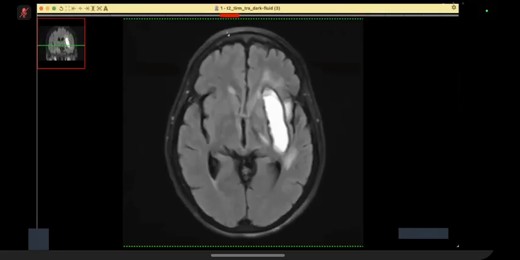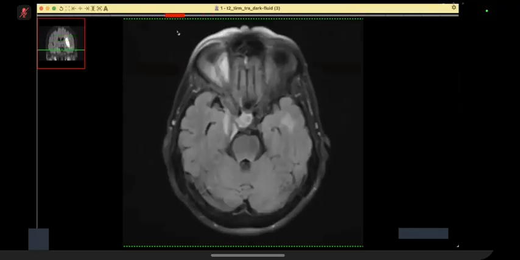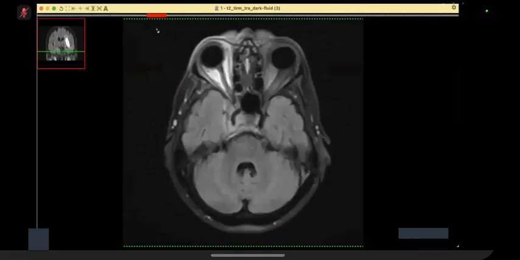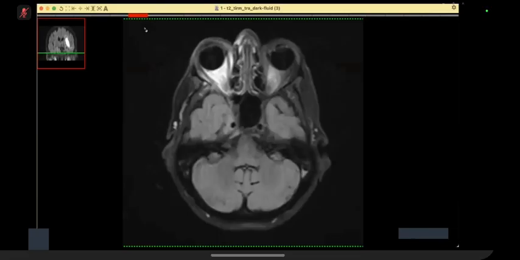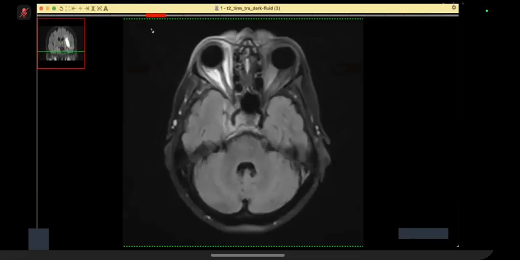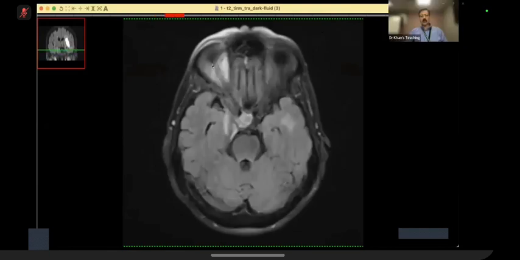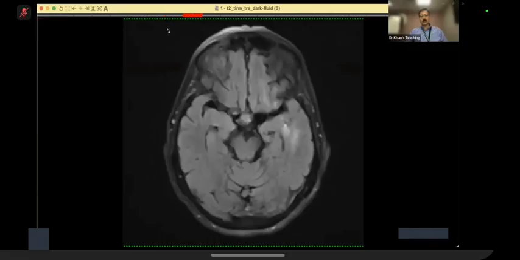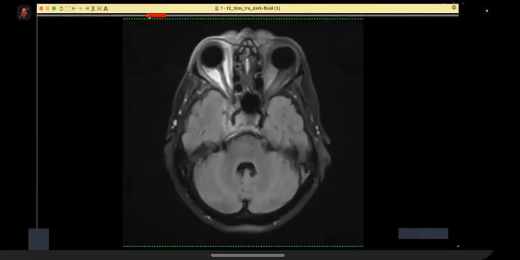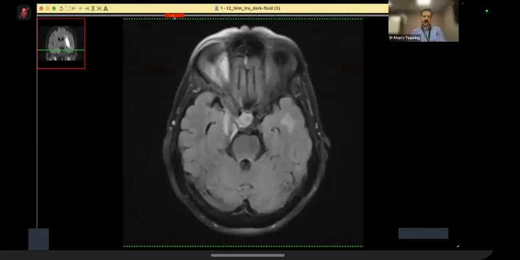Apart from the hemorrhage that was noted before, I can see that there is an area of abnormal high signal intensity at the region of the right cavernous sinus and the right orbit. The orbit part is technical because the fat saturation has not happened. So forget about the orbit, but what's happening in the cavernous sinus?